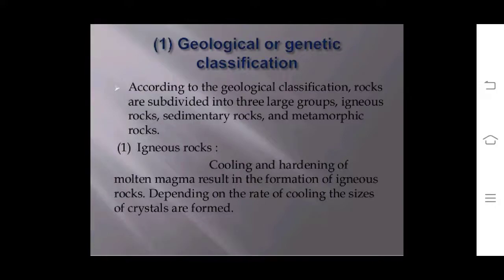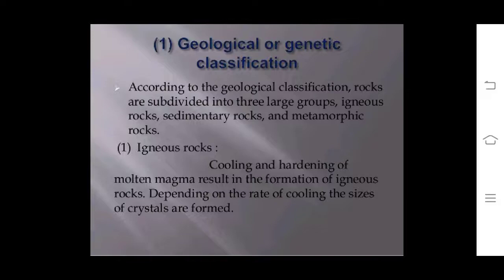Geological or genetic classification. According to geological classification, rocks are subdivided into three large groups: igneous rocks, sedimentary rocks, and metamorphic rocks. Igneous rocks are made by the cooling and hardening of molten magma.